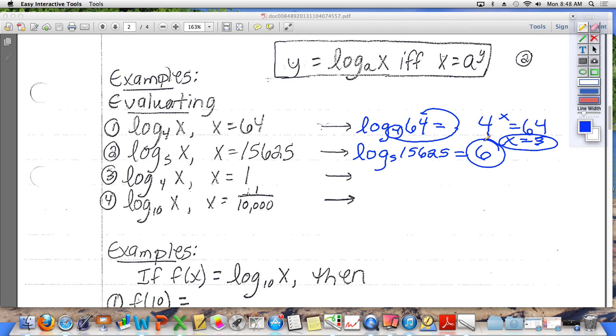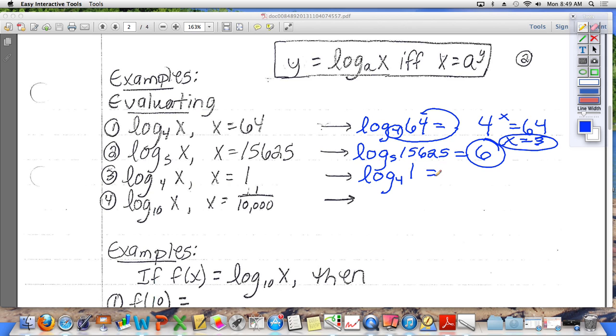What about this one? Log base 4 of x when the x value is 1. What this really means is we are calculating the log base 4 of 1. Now think about that, you guys.